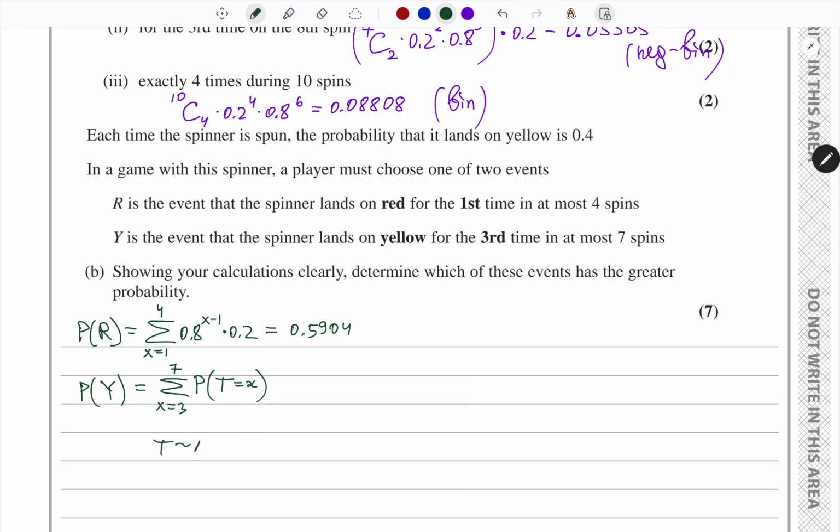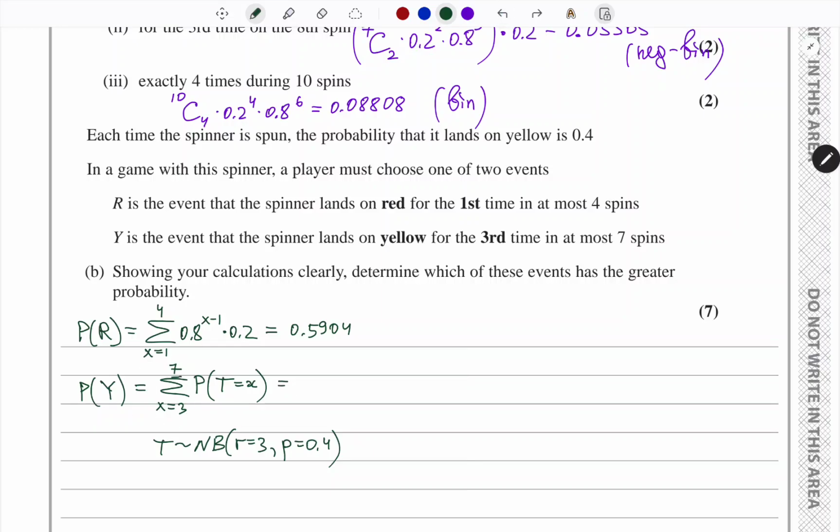So T follows a negative binomial distribution with r equals 3 because we wait until 3 successes happen. And p is equal to 0.2 because we are interested in yellow. Oh, it's not 0.2. It must be 0.4. Yeah, 0.4 because we're interested in yellow. And then we sum these probabilities up. Yep. So I use my calculator.